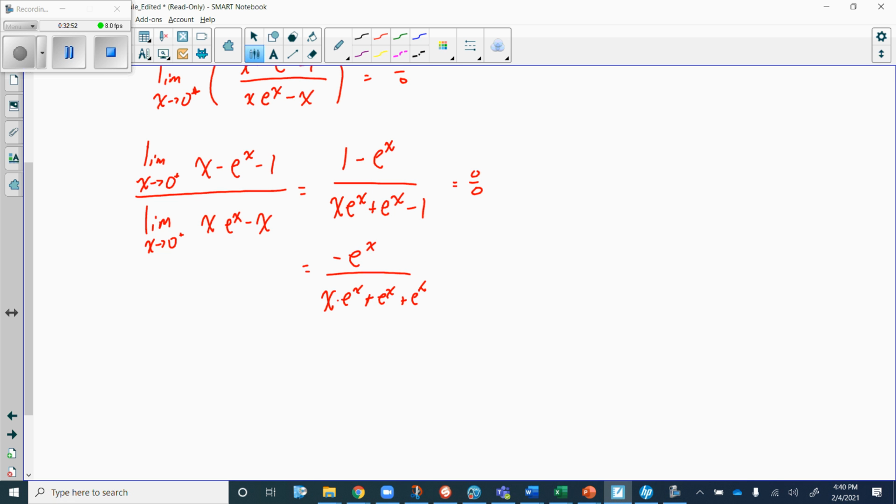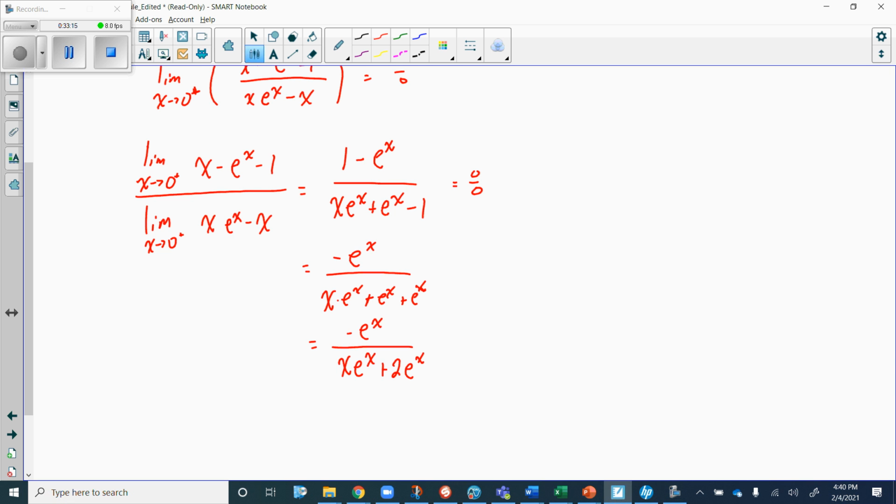And here, we're going to be able to combine our like terms, e to the x power. And I'm going to say negative e to the x power over x times e to the x power plus 2 e to the x power.